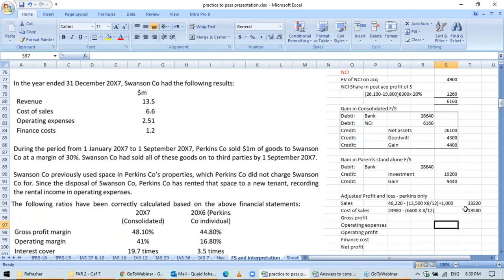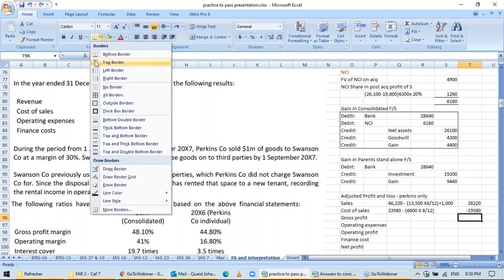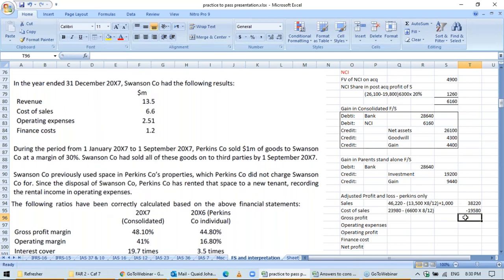So this is the gross profit you get now. So we arrive at the gross profit. $38,220 minus $19,580.